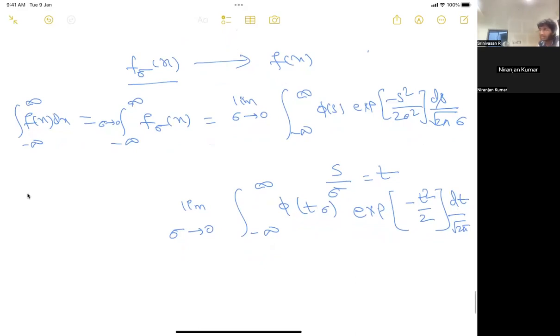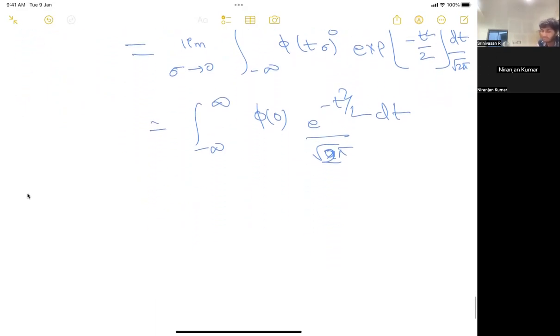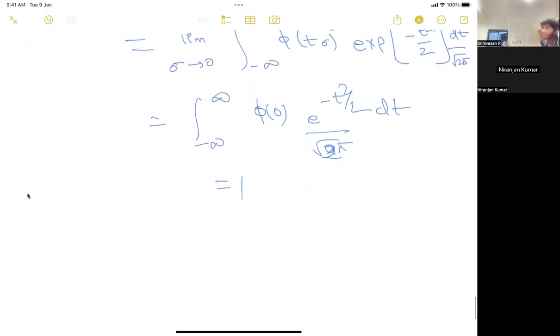So by the monotone convergence theorem, we can take the sigma inside. As we take the sigma inside, we'll get this is equal to the integral of phi of 0, as phi is continuous, times exponential of minus t square by 2 dt by square root 2 pi. We had taken phi of 0 to be 1, so this is equal to 1.